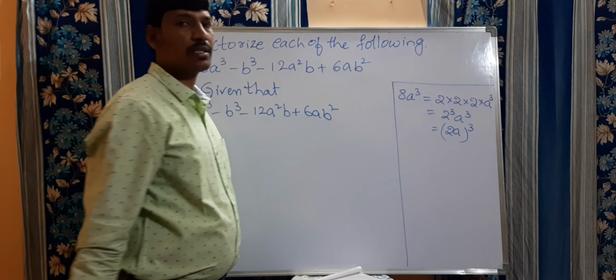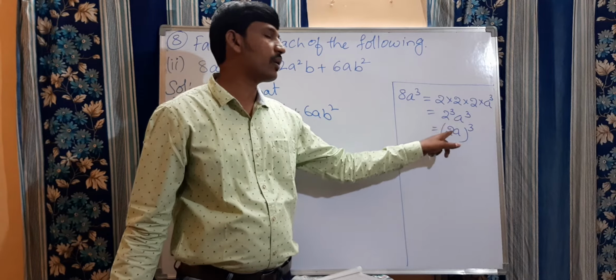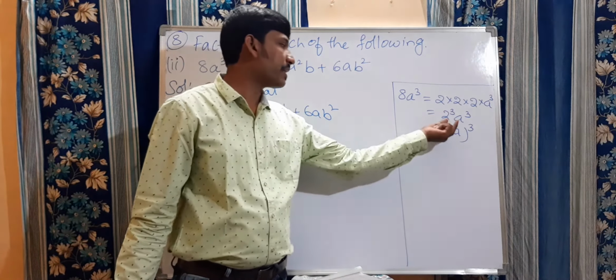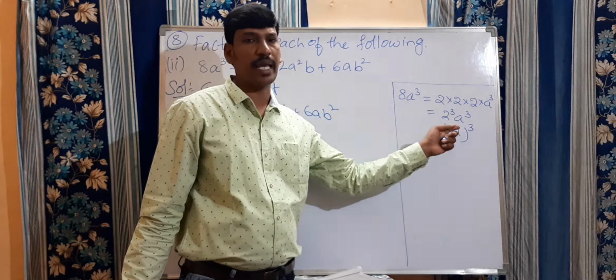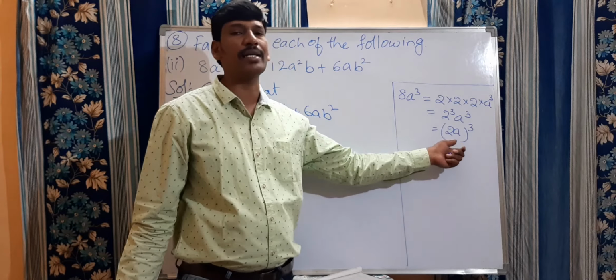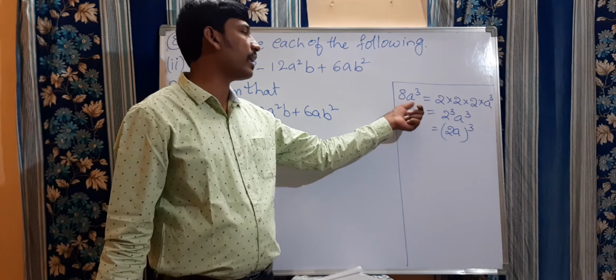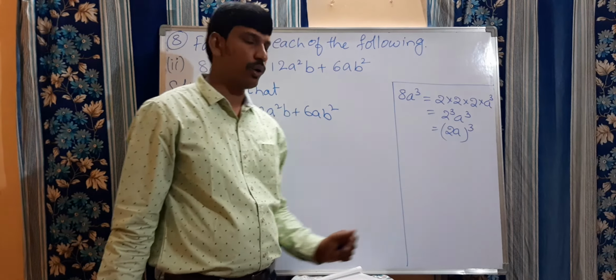Clear? In the 8th class, we discussed exponents: a power m into b power m is equal to a into b whole power m. If the bases are different and the powers are the same, then we can write a power m into b power m as a into b whole power m. Here also the same thing, 8a cube can be written as 2a whole cube.